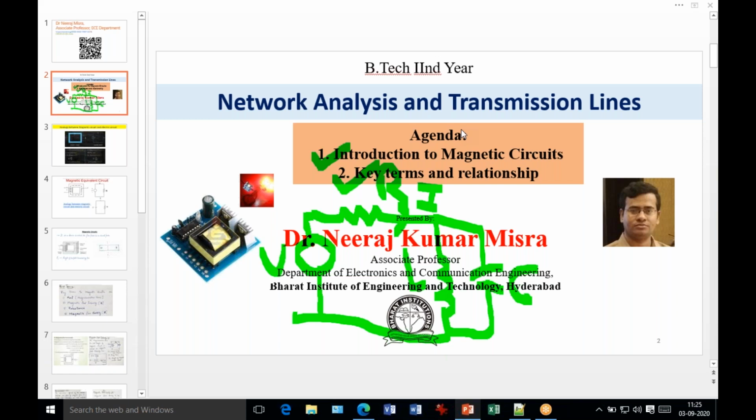First we learn the parameters, and then we convert the electrical network into a magnetic network. It is also possible. So that is a very important discussion for today.